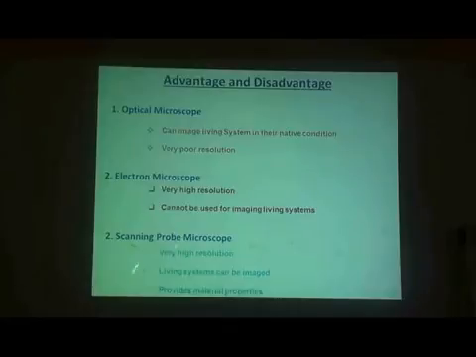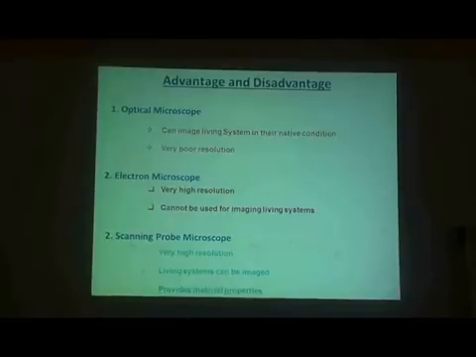In addition, the electron microscope also gives you some material properties, but the material properties that you can derive from scanning probe microscope are very vast. They range from mechanical properties to electronic properties to magnetic properties. Any kind of property you think of, you can study with the help of the scanning probe microscope.